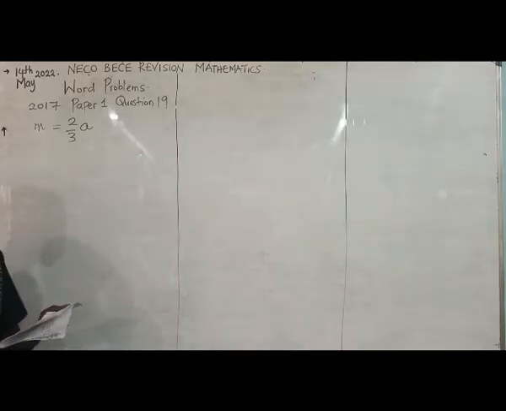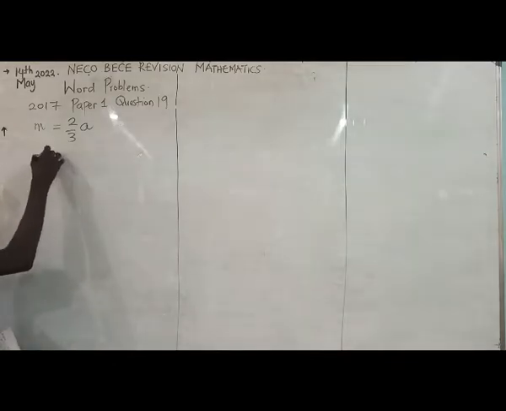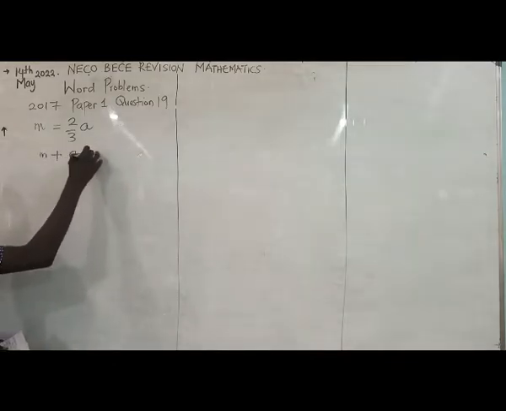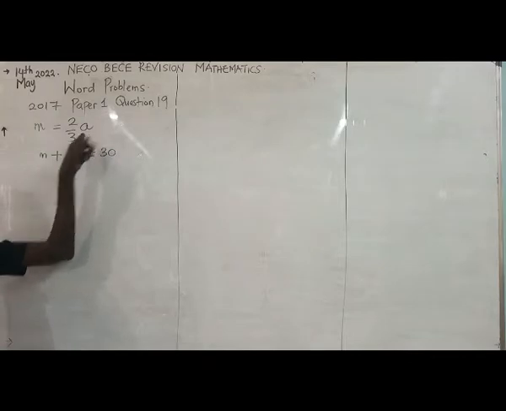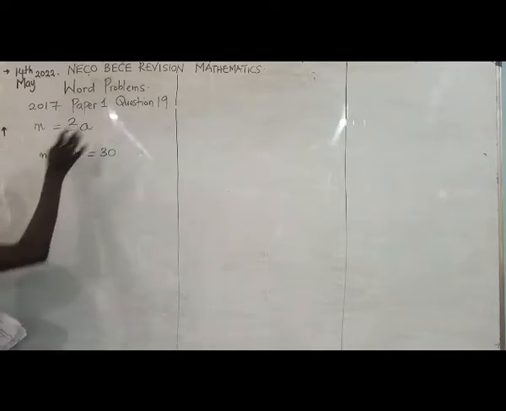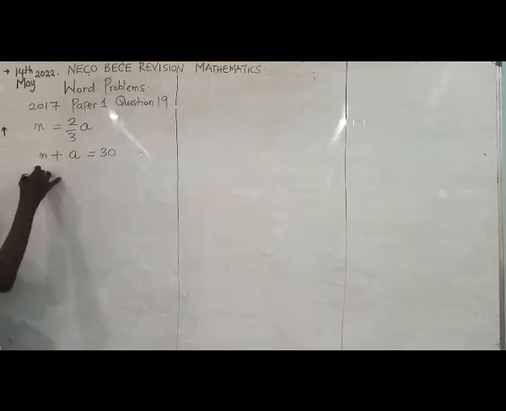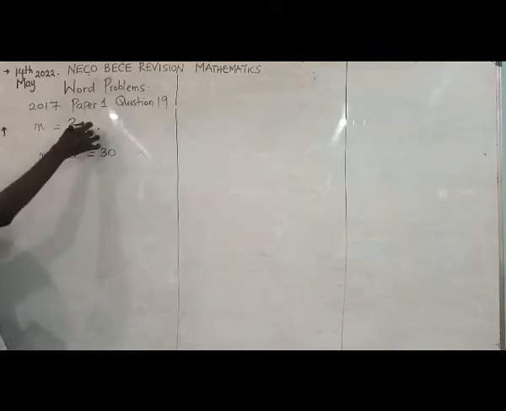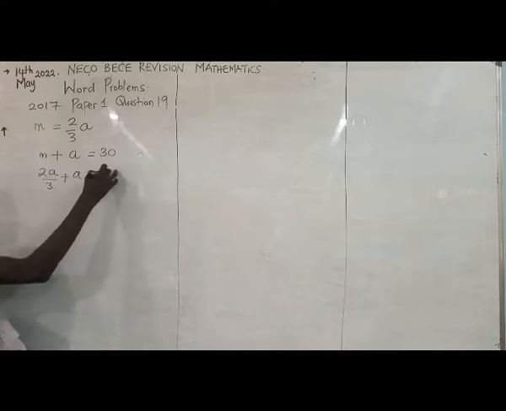If the sum of their ages is 30, it means Musa plus Abu's age will give me 30. The question now says, how old is Abu? Remember that Musa is 2/3 of Abu. So wherever I have Musa, I'm going to put 2/3 of Abu. So that will be 2/3 A plus A equal to 30.